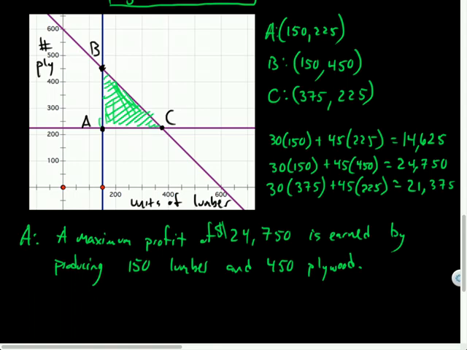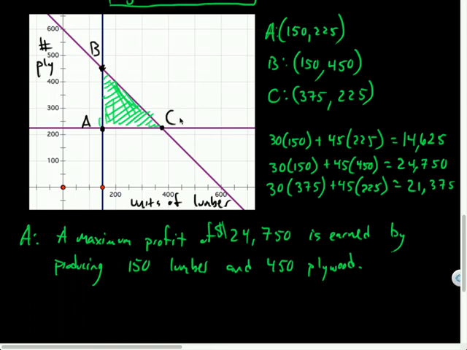Now, there are sometimes possibilities where an optimal solution can't be found. Like, for instance, what if our shaded region was this up here? Maybe there's an infinite amount of profit that could be earned. But in those cases, sometimes what you need to do is figure out maybe there's some other constraints that we're not considering.